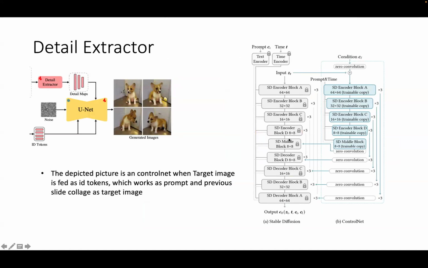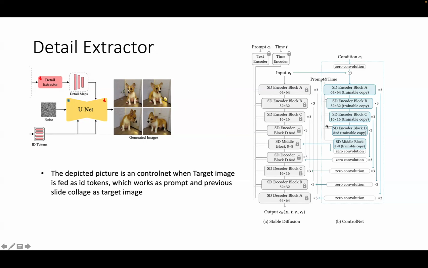Why did this diffusion model work? It worked because we used ControlNet. ControlNet is very similar to a stable diffusion based model. It uses the same encoder of our stable diffusion.